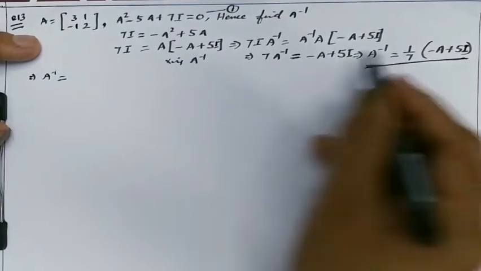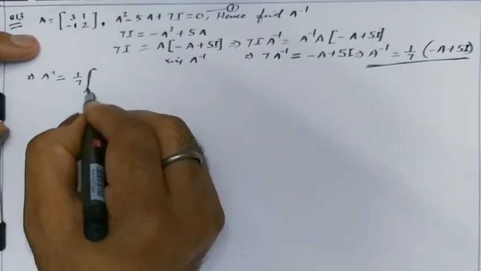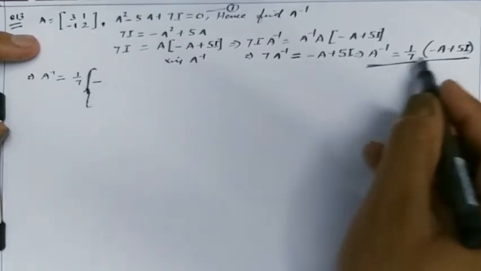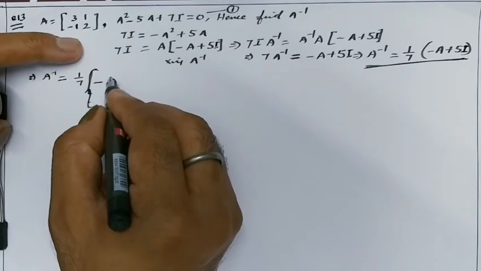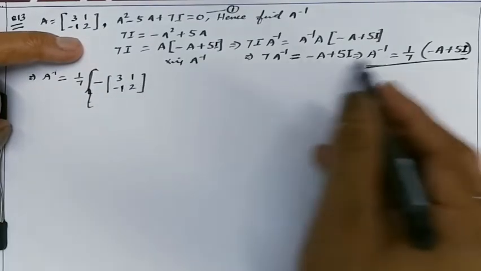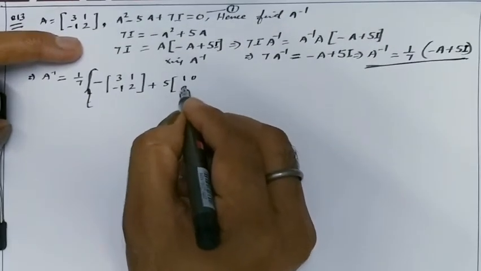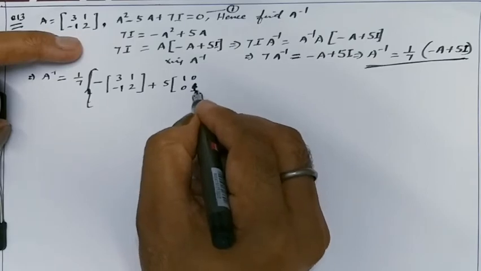So A inverse is equal to 1 upon 7 times minus matrix A, which is (3, -1; 1, 2), and plus 5 times identity matrix, (1, 0; 0, 1).